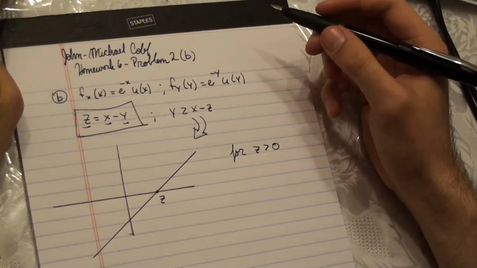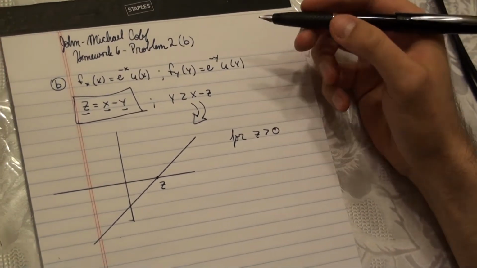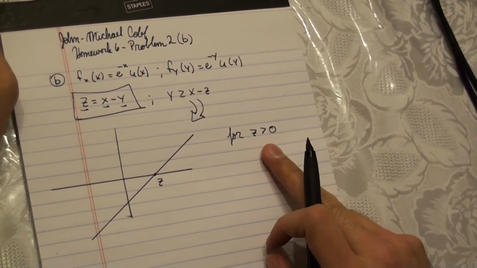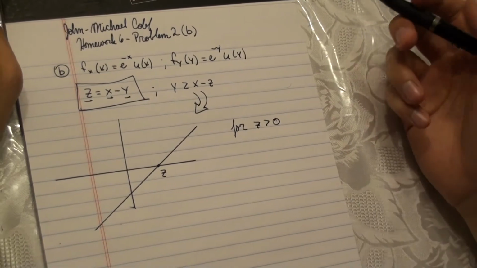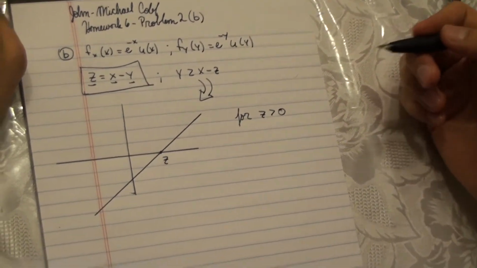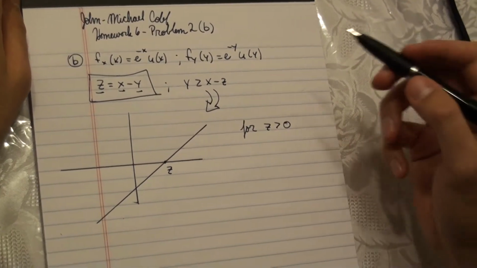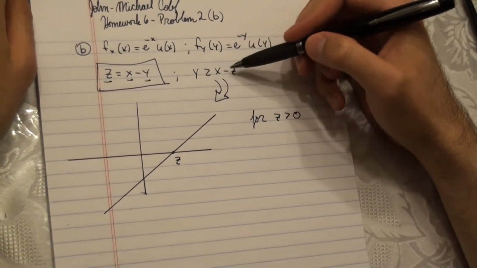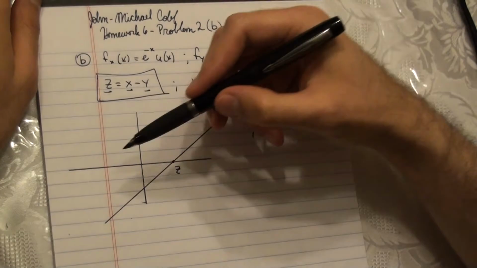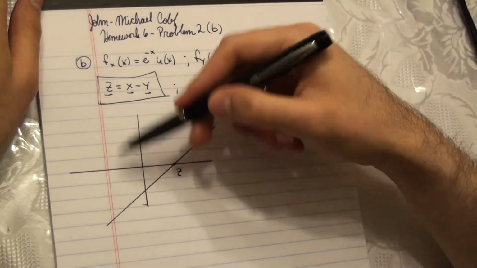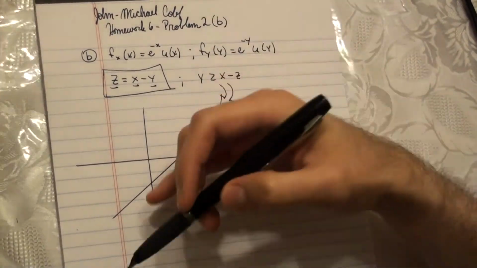Now we have to be careful because there are two different solutions. There's one for when z is greater than 0, and there's another one for when z is less than 0. So first let's consider the case where z is greater than 0. So y greater than or equal to x minus z is going to be everywhere above this line.